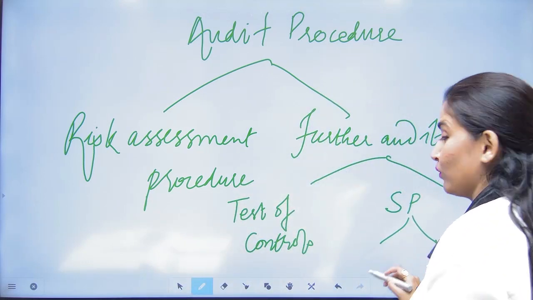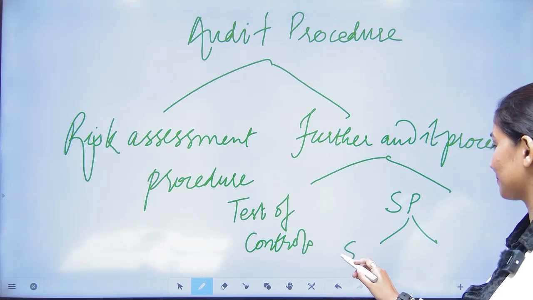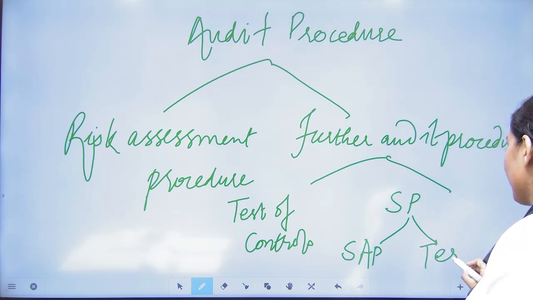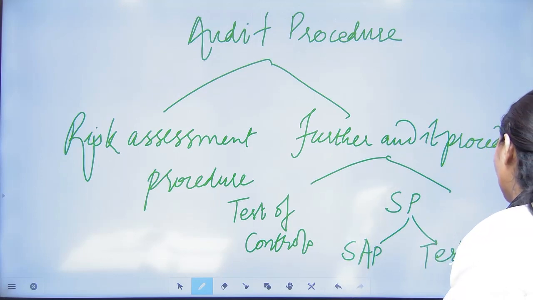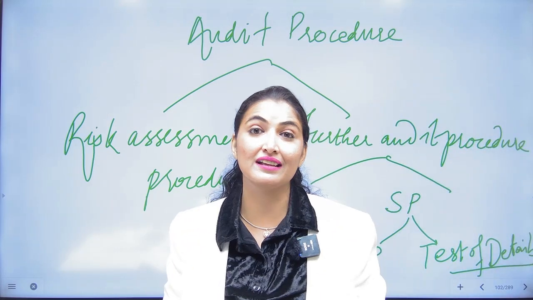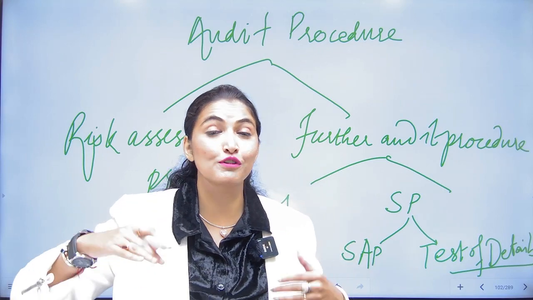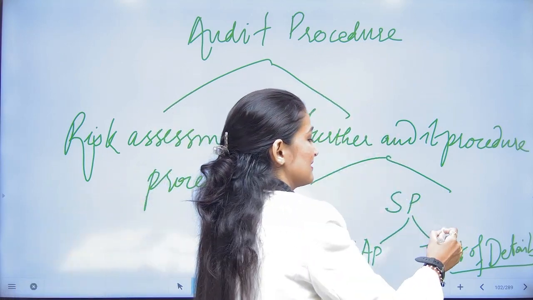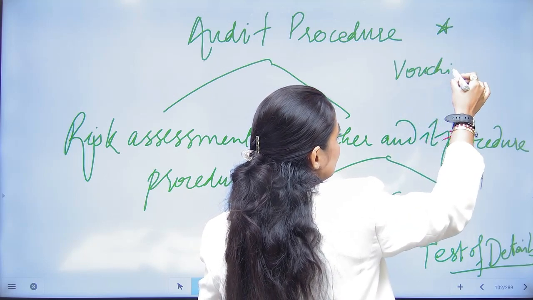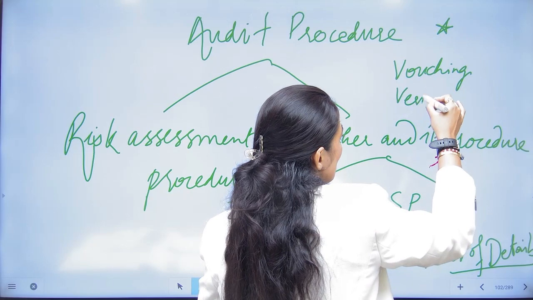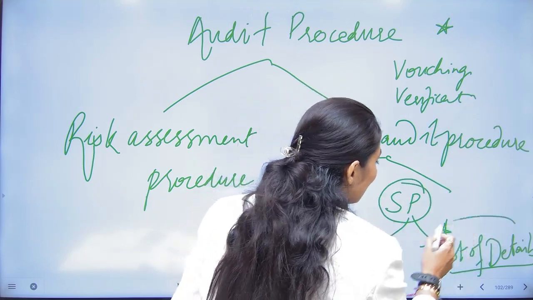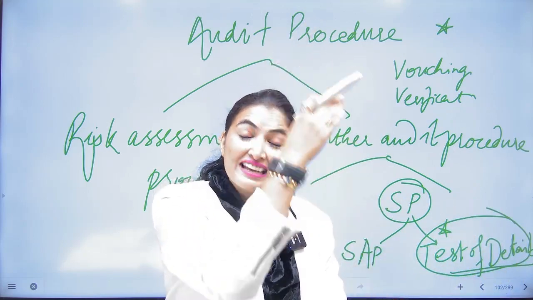Substantive procedure is further divided into two parts. And what are these two parts? Substantive analytical procedure and test of details. Once I see this test of details, it is further divided into two parts: vouching and verification. So this is substantive procedure where you do the test of details, you check everything in detail.